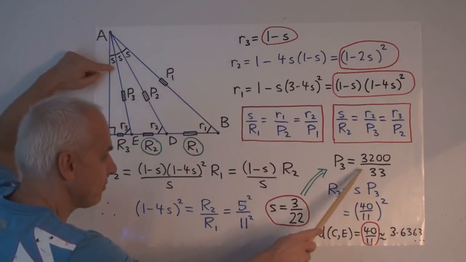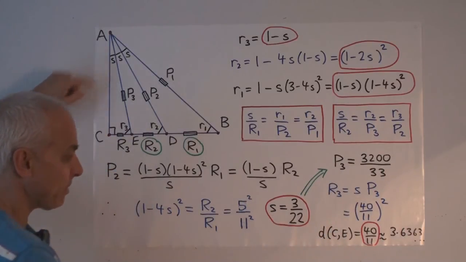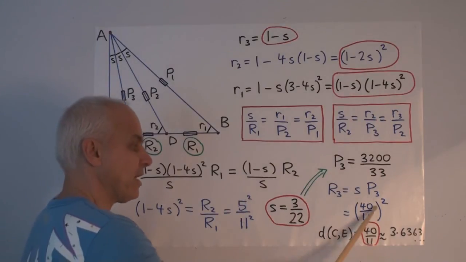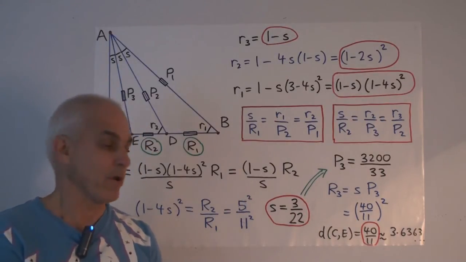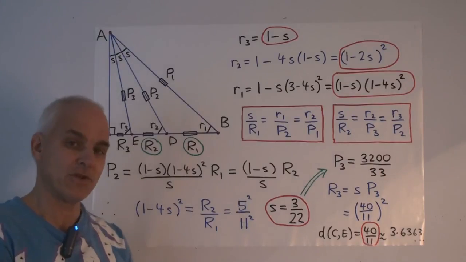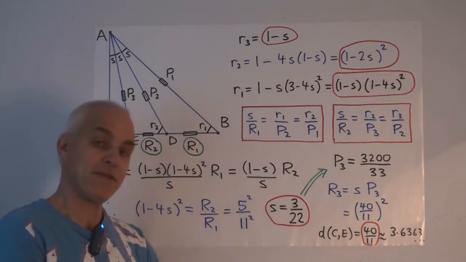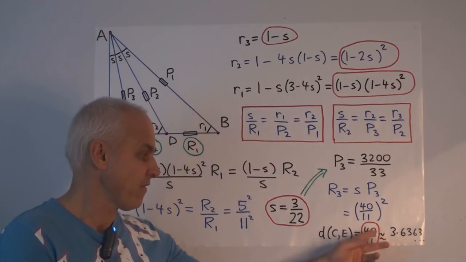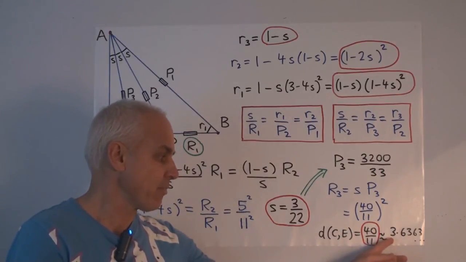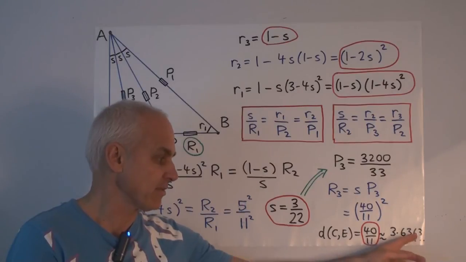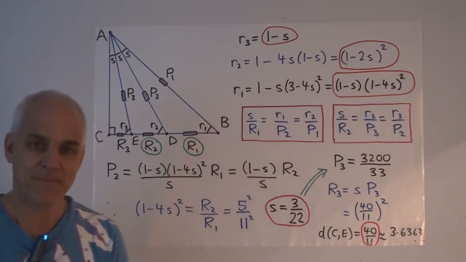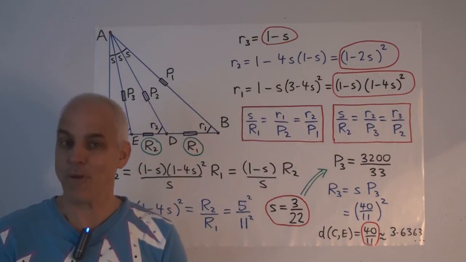We have P3, we've got S, we multiply them together, and we find that R3 is 40 over 11 squared. That's our answer in rational trigonometry. To find the length, we just take the square root, 40 over 11, which is approximately 3.6363, and it repeats. So we've solved our third problem.